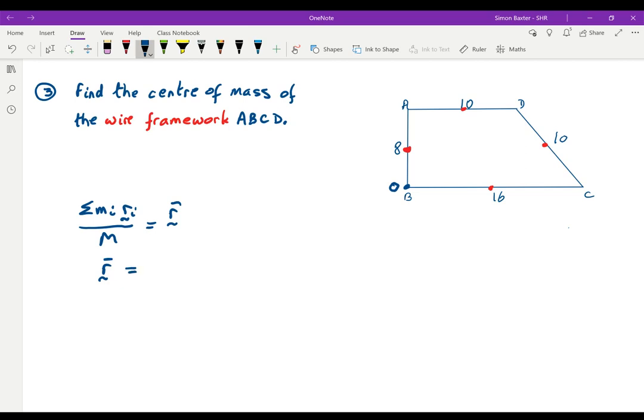R bar is equal to, well, let's take AB for starters. That is 8 times halfway up, 0, 4. Let's take BC. BC will be 16 times 8, 0. What about AD? AD is 5 away from B and 8 up. So that is 10 times 5, 8.